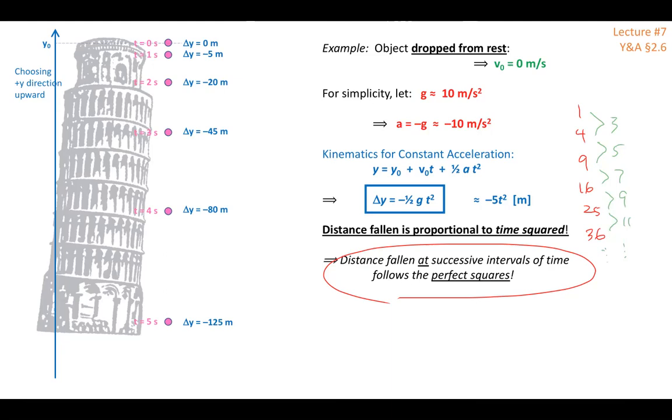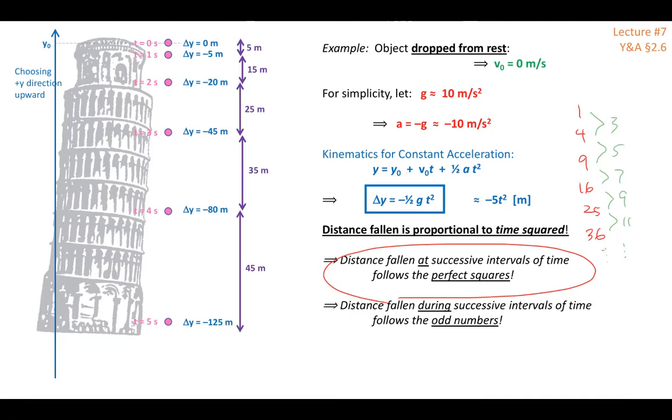So if we calculate the differences between these displacements at each of these time intervals, we find that the distance fallen during each successive time interval actually follows the odd numbers.